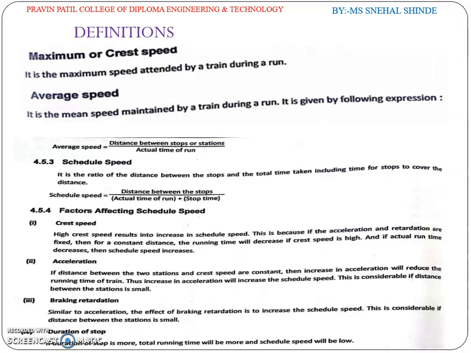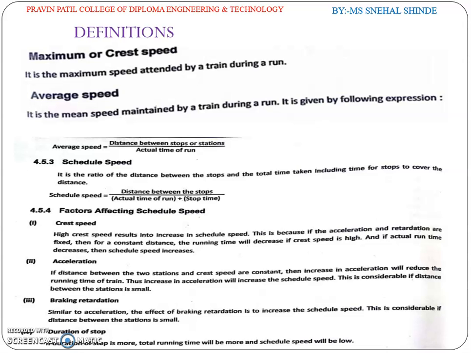Acceleration: if the distance between the two stations and the crest speed are constant, then an increase in acceleration will reduce the running time of the train. Thus, an increase in the acceleration will increase the schedule speed.